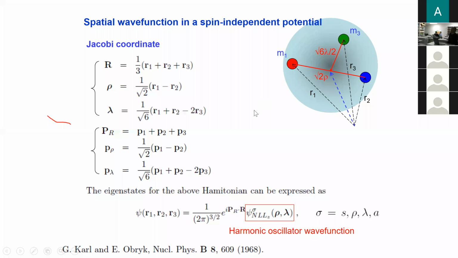That's one thing. The other thing is that you can indeed benefit from the symmetry. By defining the Jacobi coordinate, you can see that the wave function itself also belongs to the representation of the three-dimensional permutation group symmetry. So you can now again organize the spatial wave function in terms of the permutation group symmetry.